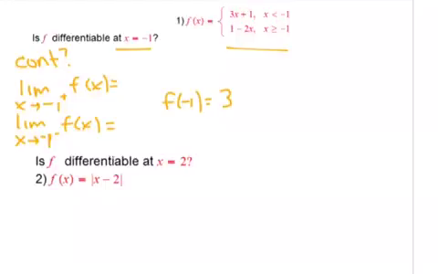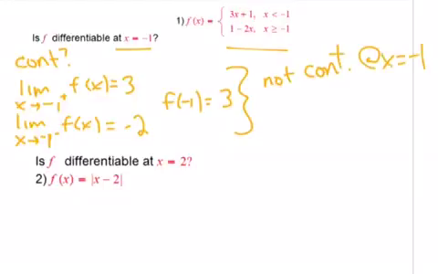From the right, I get 3. And from the left, I get negative 2. So it's not continuous at x equals negative 1. Anyway, since it's not continuous, then it's not differentiable either.